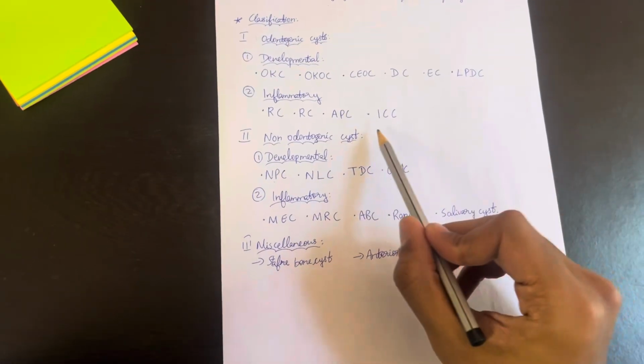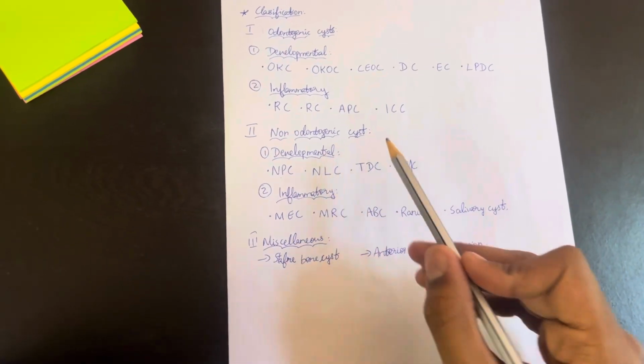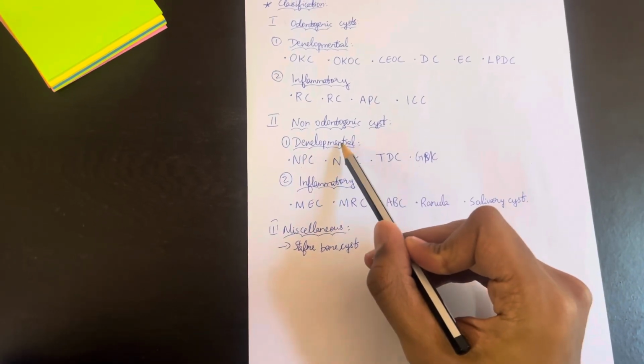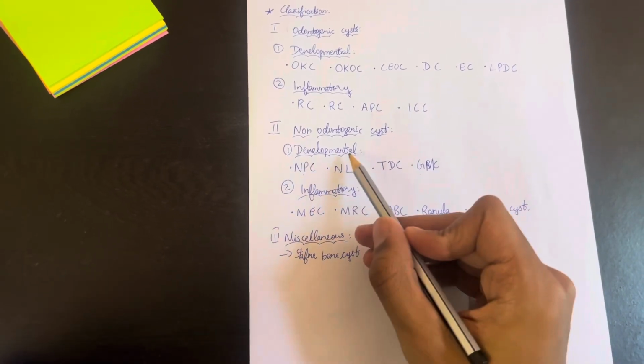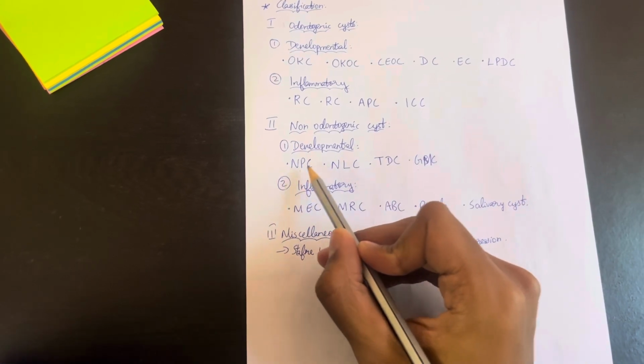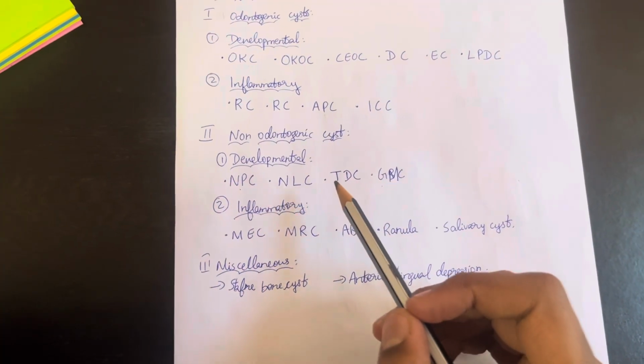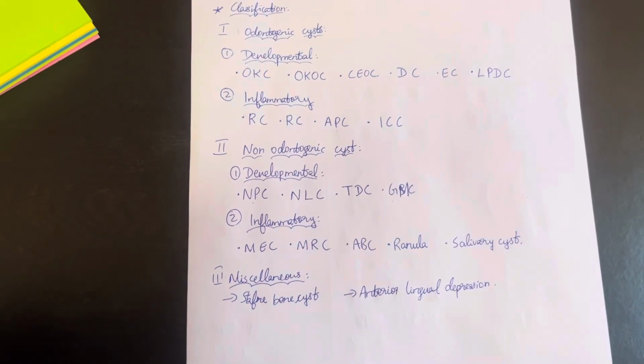Now let's see the non-odontogenic cysts. This is also similar to odontogenic cysts when compared by origin, which is developmental and inflammatory. Under developmental, we have nasopalatine cyst, nasolabial cyst, thyroglossal duct cyst, and globulomaxillary cyst.